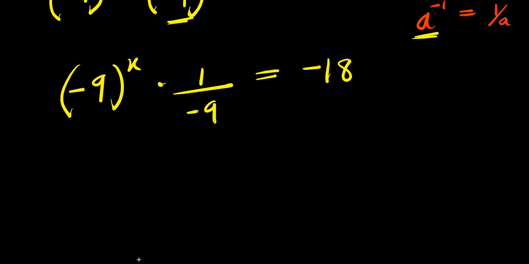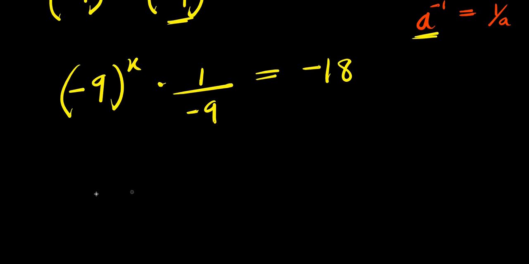So, what we are going to do will be to multiply each part of this equation by negative 9 in order to cancel out.